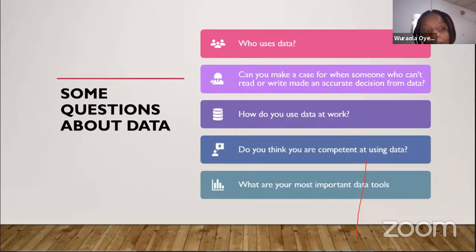Okay, so we've gone through those questions together, and the purpose of this page is that we establish that everyone uses data, at least in our discussion. And the use of data is not limited to how educated someone is. People have intuition, people have experiences.